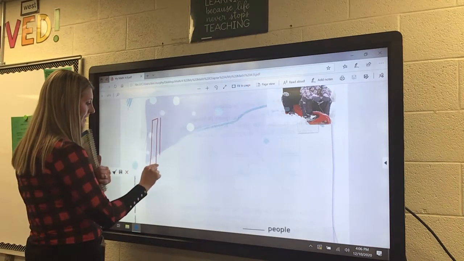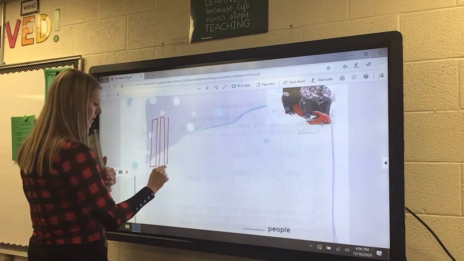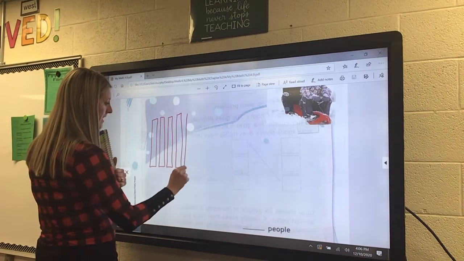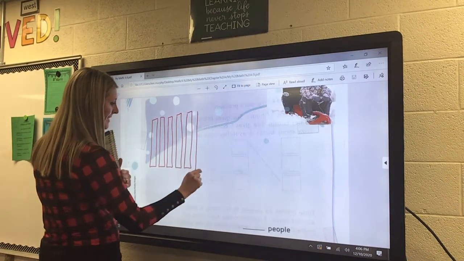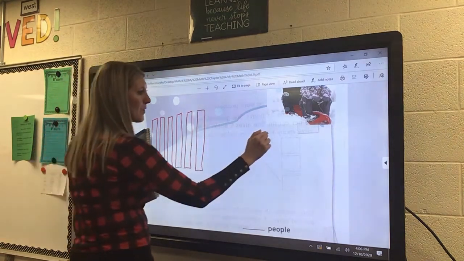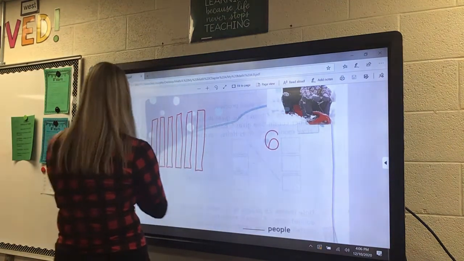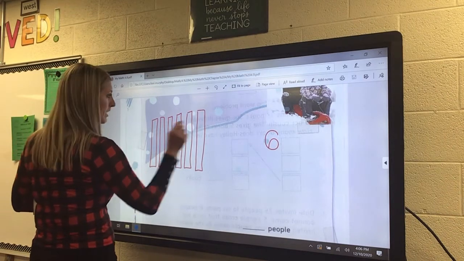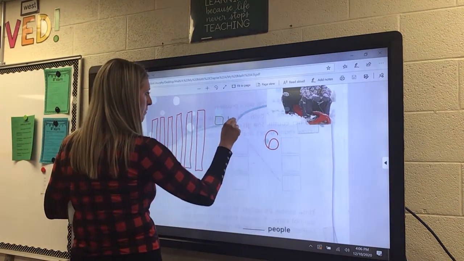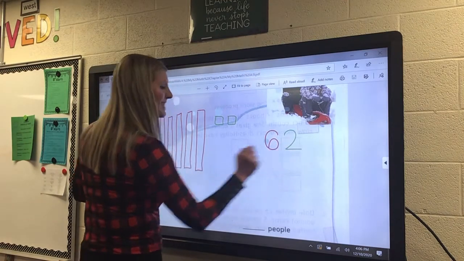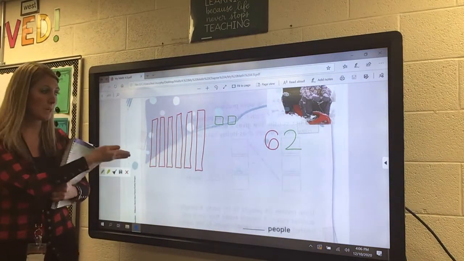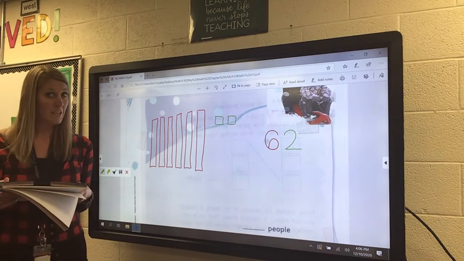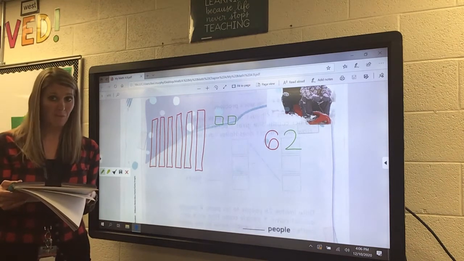I got 10, 20, 30, 40, 50, 60. Okay, so I have 60, and then I have 2. So I need to draw 2 little cubes. 1, 2. So I have 62 people sledding. These are our people sledding. Pause the video if I go too fast in math, okay?